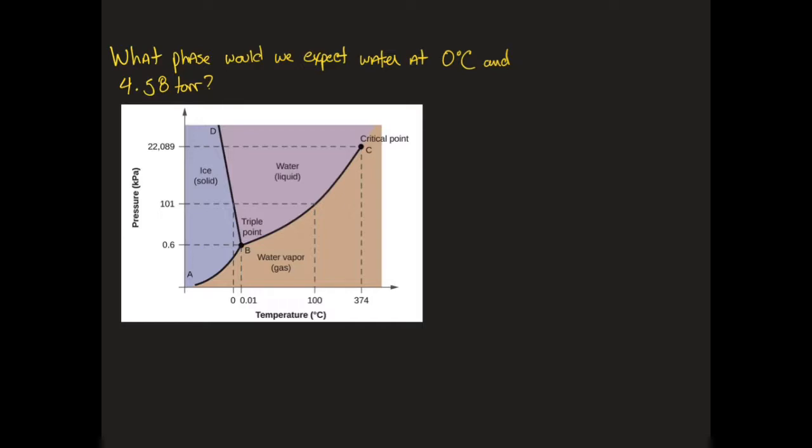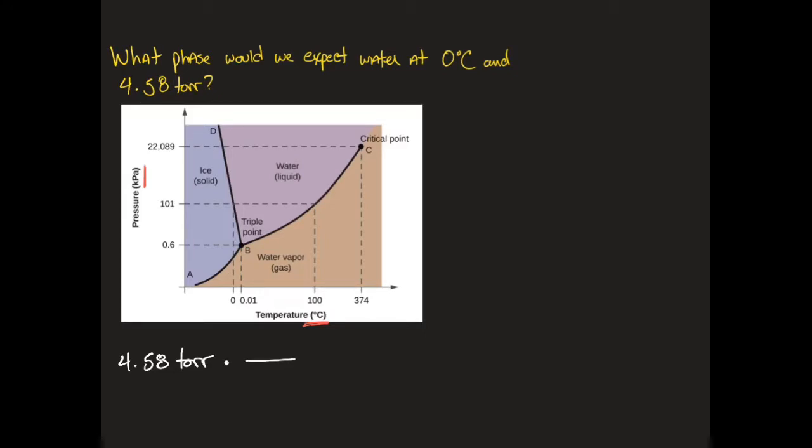So if we look at our graph, we do have our temperature given here on the x-axis in degrees Celsius, but on the y-axis, our pressure is given in kPa. So we do have to do a little unit conversion, converting that 4.58 torr to kPa, so we can actually compare it with the graph.